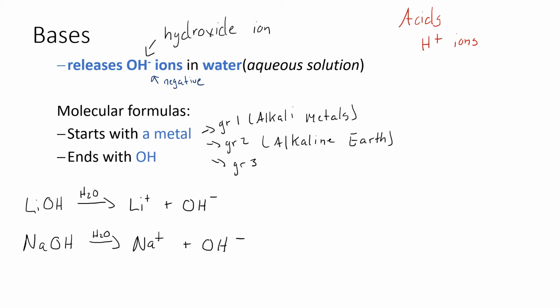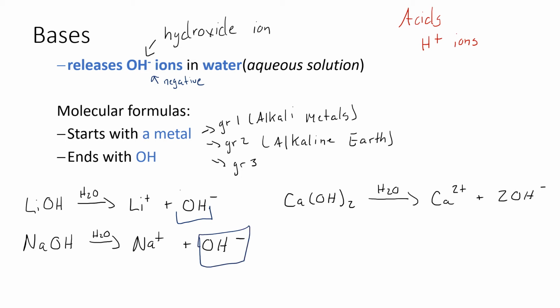Another example that we might see is calcium hydroxide. When it is dissolved in water, it dissociates into calcium and 2 OH-. So the key thing that we'll notice, and we'll see time and time again, is that when it is dissolved in water, it has an OH- group that is also being dissociated. So all bases will start with a metal and end with an OH group.